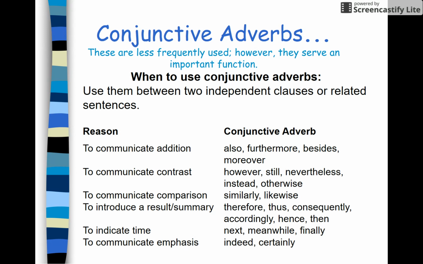We might say also, furthermore, besides, moreover, however, still, nevertheless, instead, otherwise, similarly, likewise, etc. And you can read the rest on the screen here. Most of the words themselves are a little bit longer, but also the relationship between the ideas that's implied with the words is often a little bit more sophisticated than those simple coordinating conjunctions.